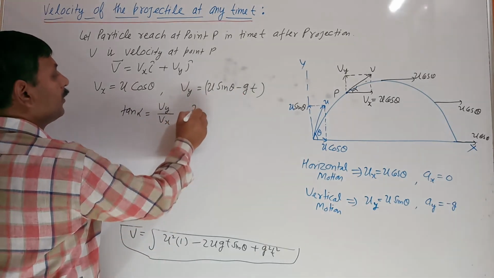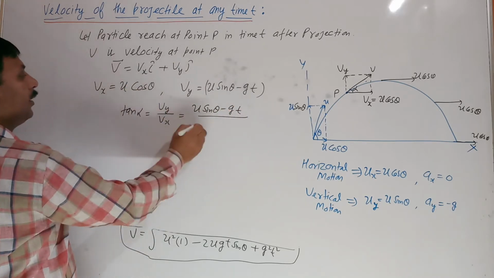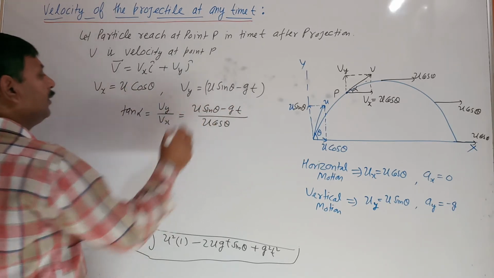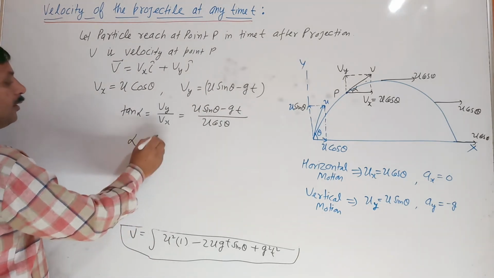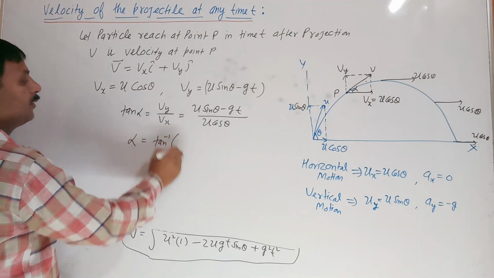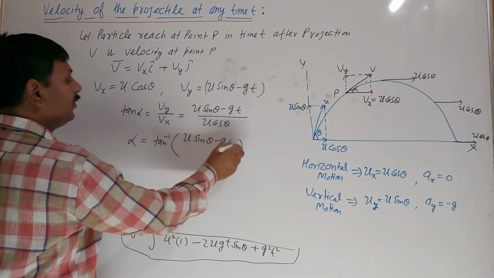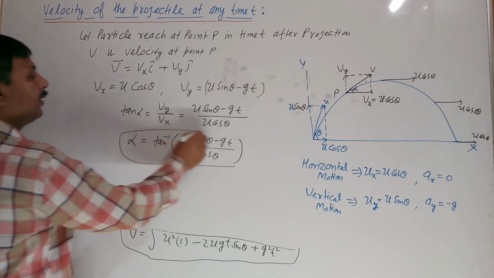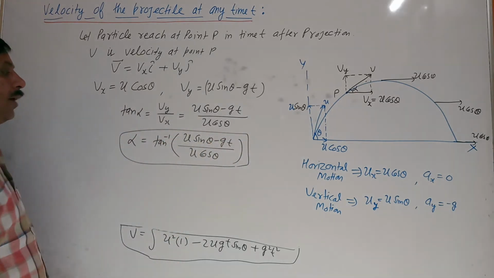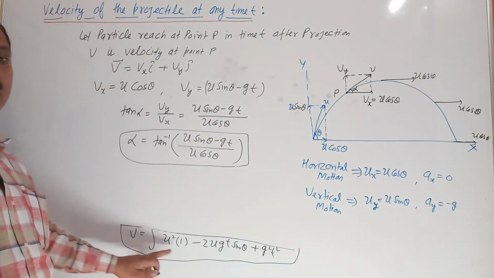Putting in u sin theta minus gt upon u cos theta, this velocity makes an angle with the horizontal, that will be tan inverse of (u sin theta minus gt) upon u cos theta. So this will be the angle made by the velocity vector with the horizontal.